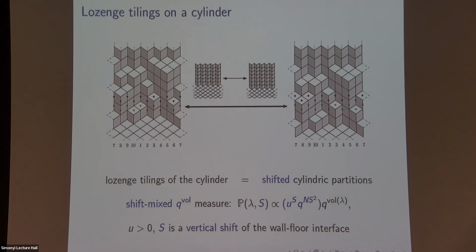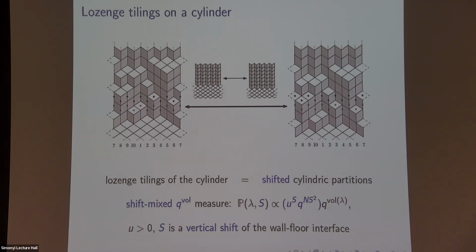So look at these two Lozenge tilings of our infinite cylinder. Note that the tiling on the right is the same as on the left but shifted down by 1 unit, right?